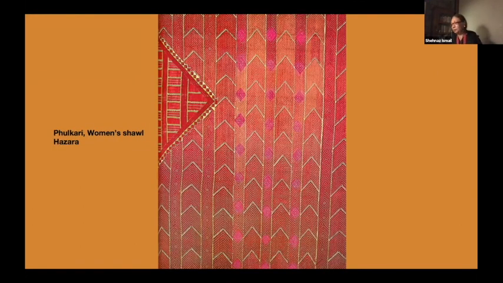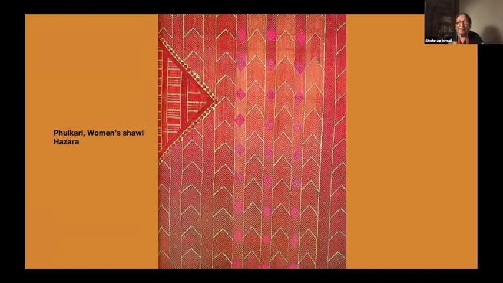We go on to Punjab and Hazara. There were millions of slides, but I had to really use restraint because of the time. This is a women's shawl, but again, it's architectural when you see the layout and the composition.